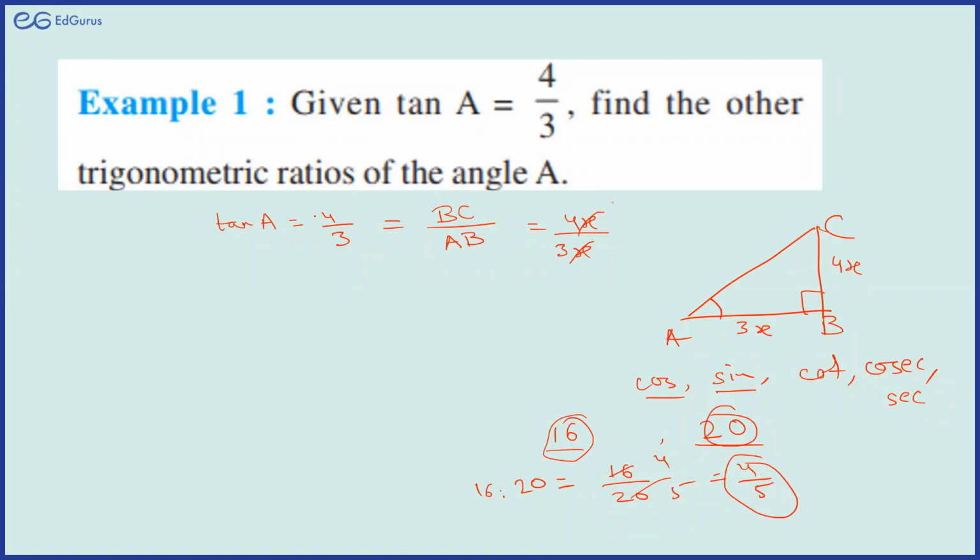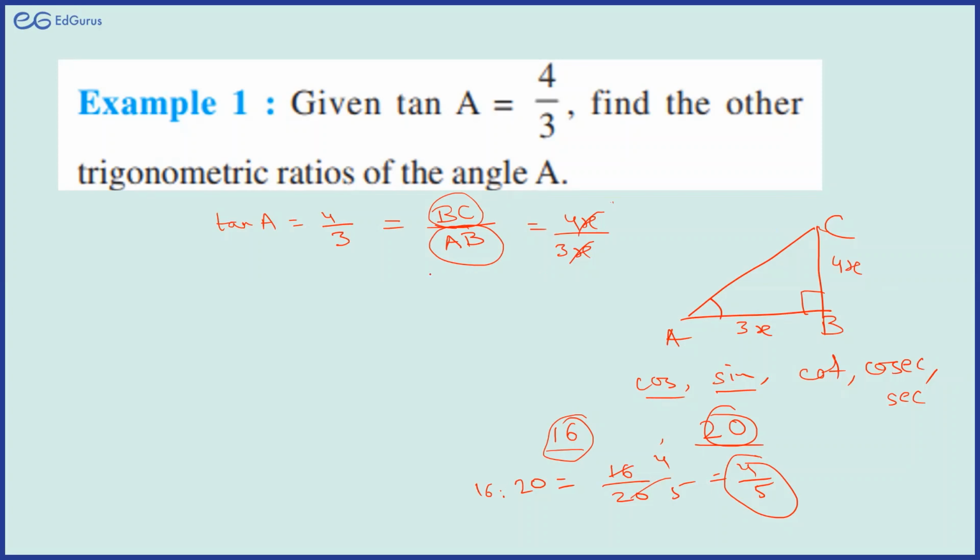Now here when they say 4/3, it means if the perpendicular is 4x, then AB will be 3x. We don't know exactly how many meters or centimeters it is. All we are saying is that perpendicular and base, their ratio is 4/3.